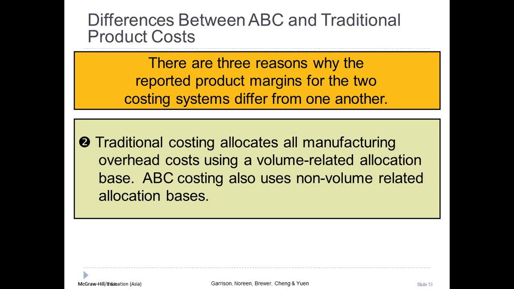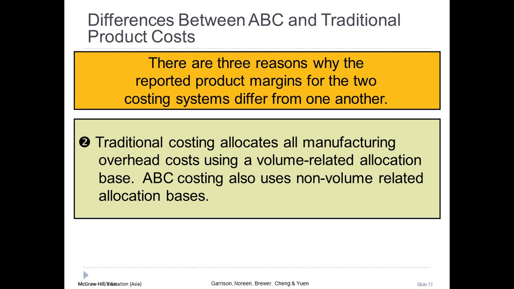So more specifically, the traditional cost system allocates 60%, which is 8.4 million divided by 14 million, of all manufacturing overhead to Sure Starts, and 40%, 5.6 million divided by 14 million, to Long Lives.